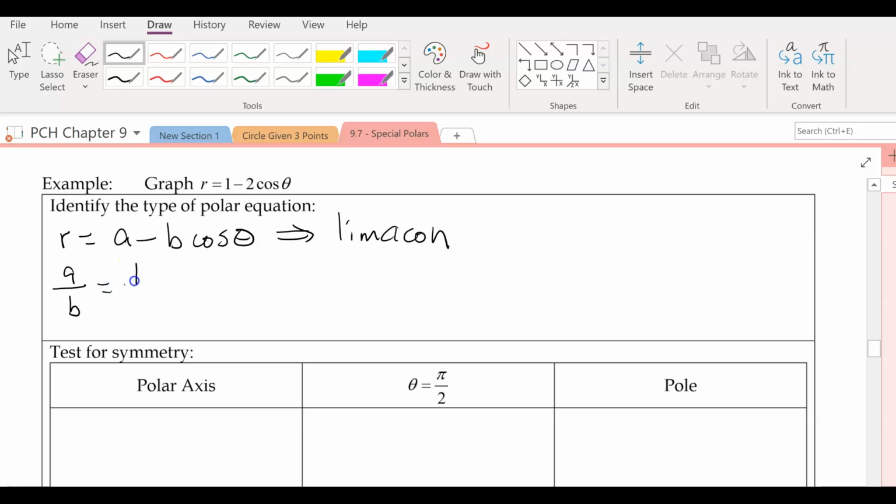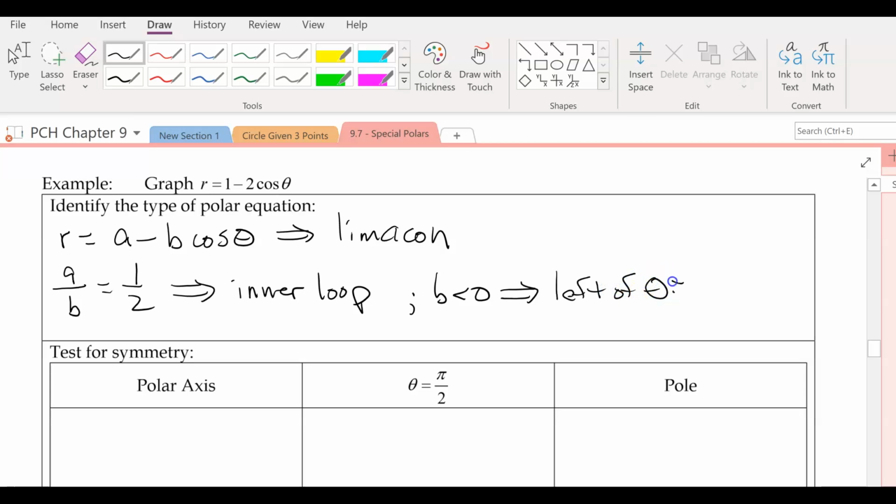A over b is a half, so that means we're going to have an inner loop. Also, since b is less than 0, the majority of this is going to be left of theta equals pi over 2.